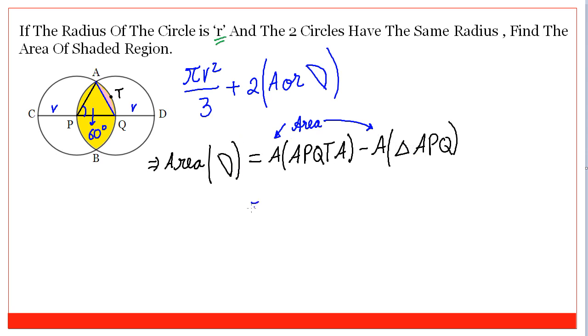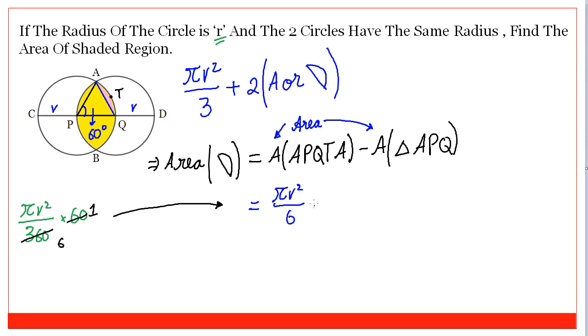So what is the area of APQTA? It is a sector, so it is pi r square upon 6. Again, I am telling you in a quick way that the area of any sector is pi r square upon 360 into theta, and the angle is 60 degrees. After cutting the common factors, we have got the area pi r square upon 6.